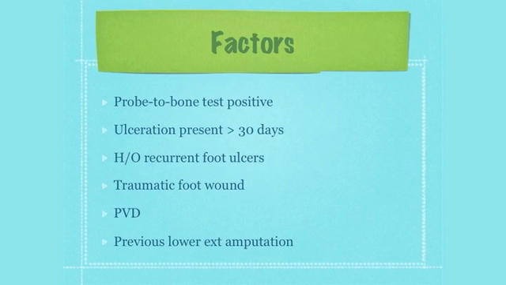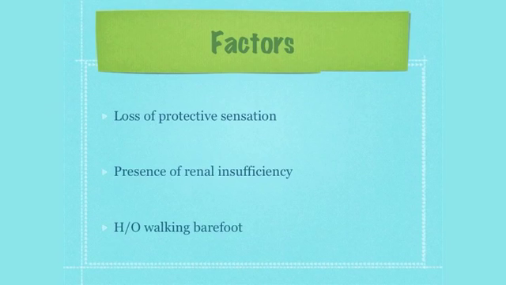If the patient has had ulcers in the past, or trauma to the foot, peripheral vascular disease, or a previous amputation, these are all factors you need to take into account. Other factors are loss of protective sensation, the presence of renal insufficiency, and a history of walking barefoot.